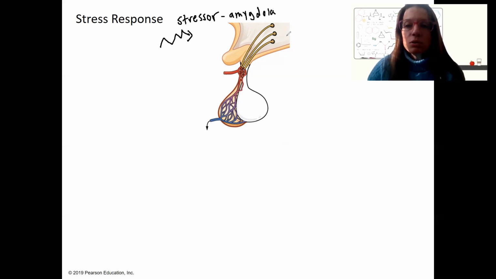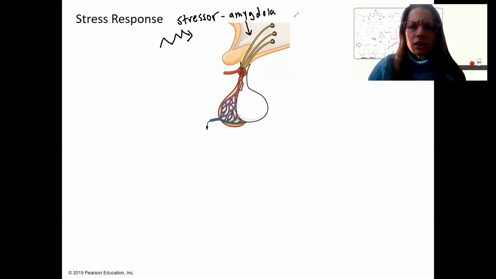We're not going to focus on that. Besides, you should just know that name. We talked about the amygdala a little bit in the fall as a brain region involved in anxiety, fear, fight or flight response. The hypothalamus, however, is actually going to be an output signal of the amygdala.